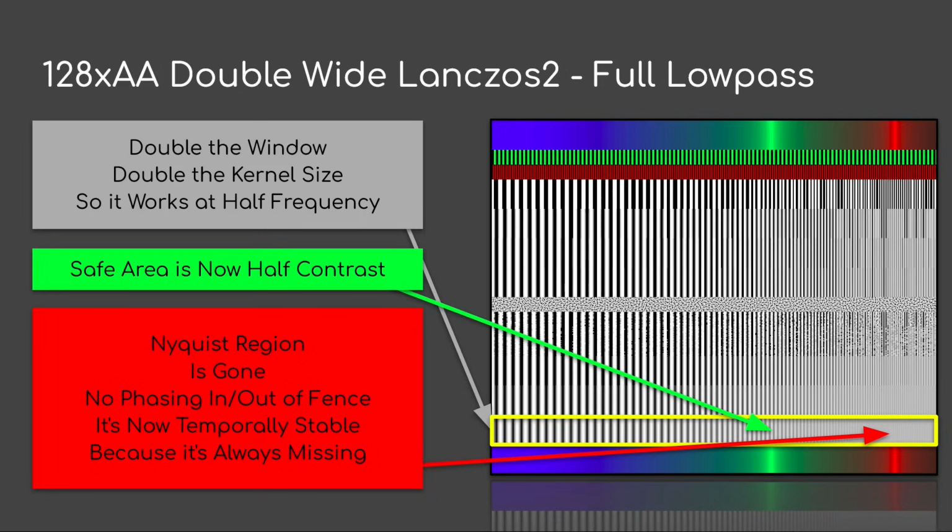Double wide as in the kernel is stretched twice as wide, so instead of being a 4 pixel kernel, it is now an 8 pixel wide kernel, and it is doing some amount of low pass. Enough low pass that the Nyquist region is effectively gone, so no longer seeing any phasing in and out of the fence. It's now fully temporally stable because it's always missing. One of the compromises of using this filter is now the safe area is effectively half contrast from what you saw with the box filter.